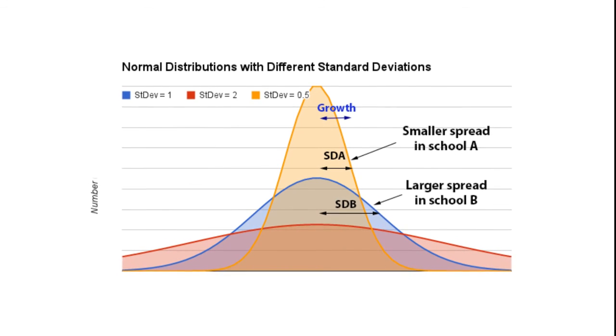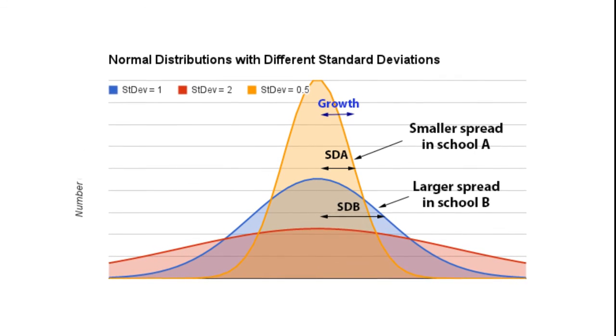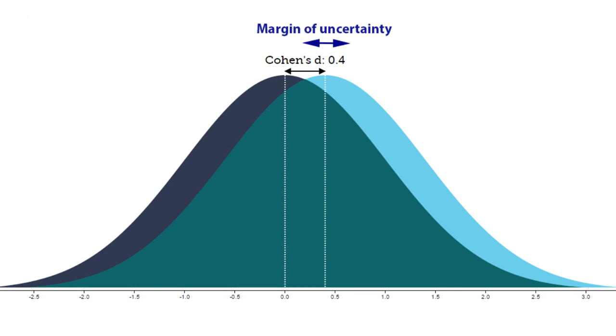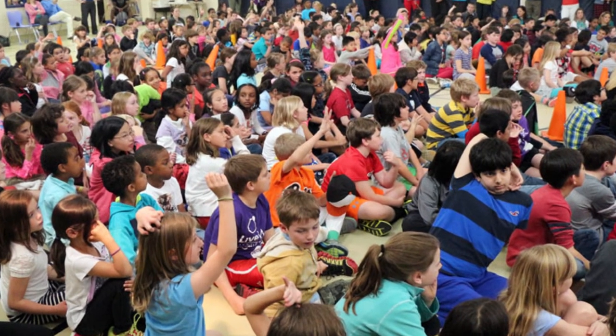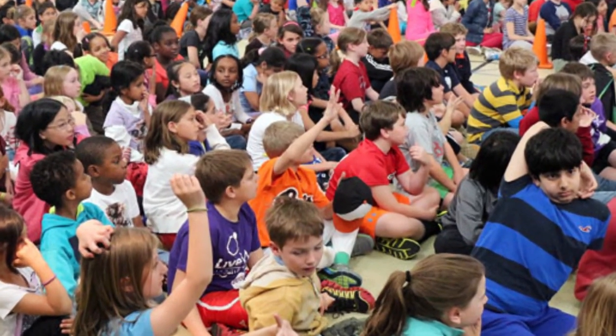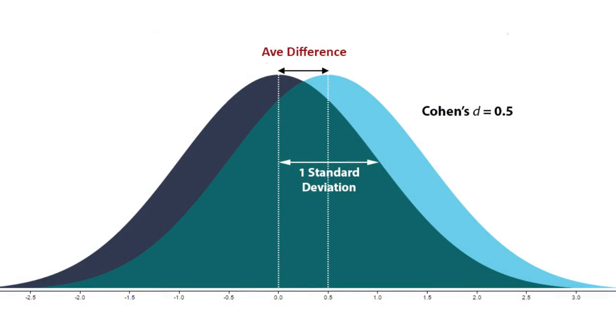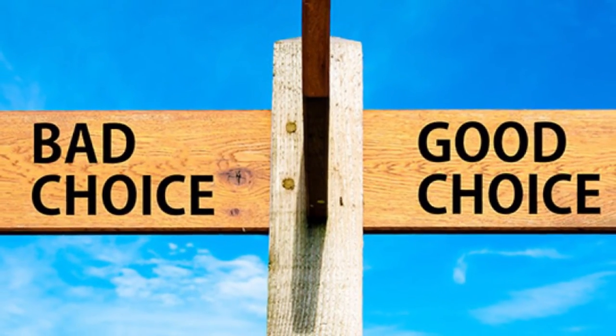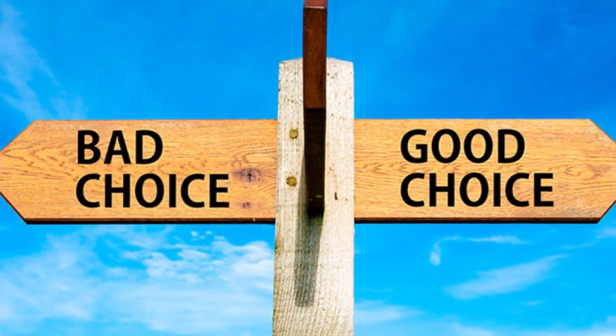Where there is a greater spread of scores, the effect size will tend to be smaller, other things being equal. The margin of uncertainty is increasingly important with smaller numbers of students. Used judiciously, effect sizes can be a useful tool. On the other hand, when effect sizes are used or interpreted carelessly, they may actually lead to ill-informed decision-making.